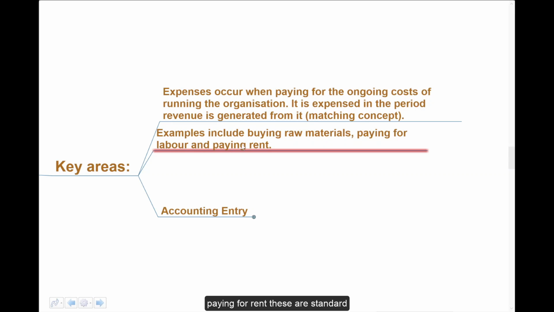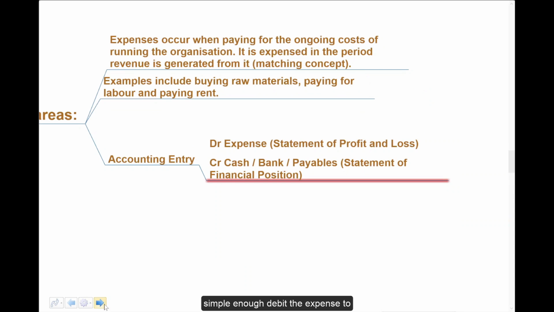These are standard day-to-day, week-to-week, month-to-month expenses incurred by businesses. What about the double entry? Double entry is simple enough. Debit the expense to increase it and credit bank or cash, or indeed payables, i.e. liabilities. So in essence, what you're doing is charging to the profit and loss account as an expense, as you would expect, and indeed you're either reducing the asset of cash or bank or you're increasing liabilities.